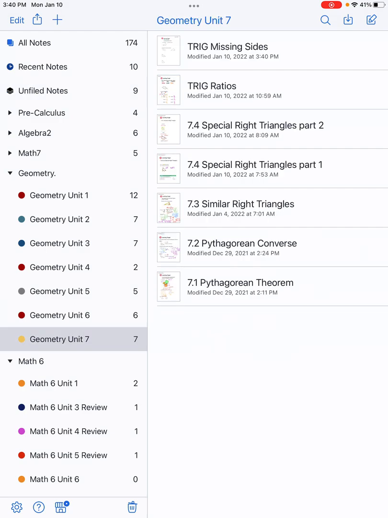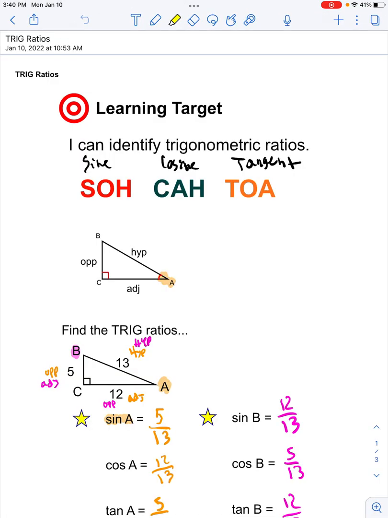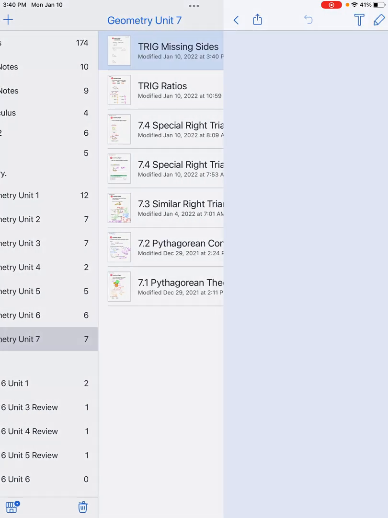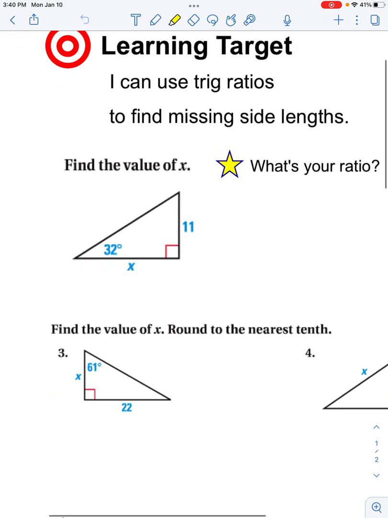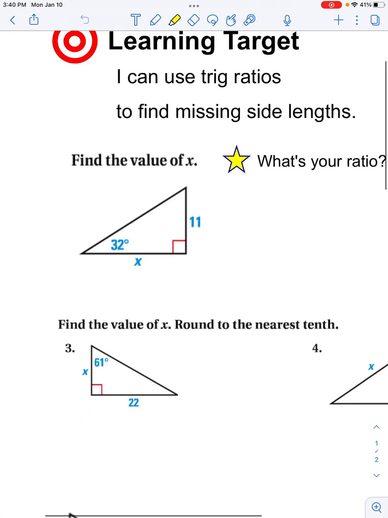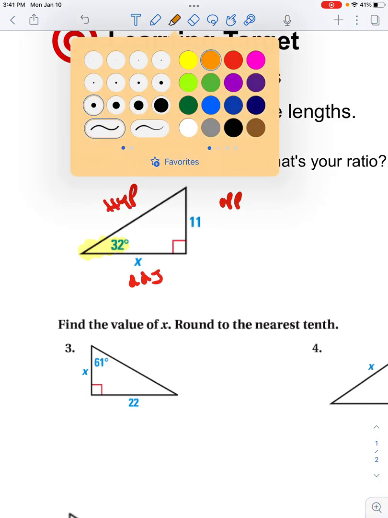So if we look at our first example here, find the value of x. I'm going to highlight this corner, my reference angle, so I can label everything from this point. Here's opposite, here's adjacent, and here's hypotenuse.